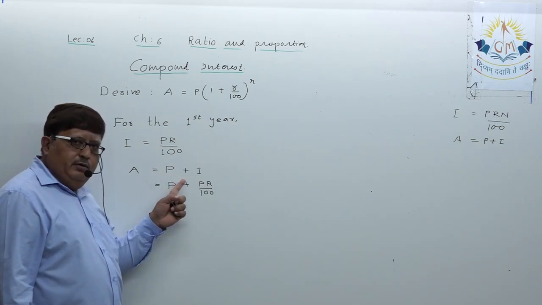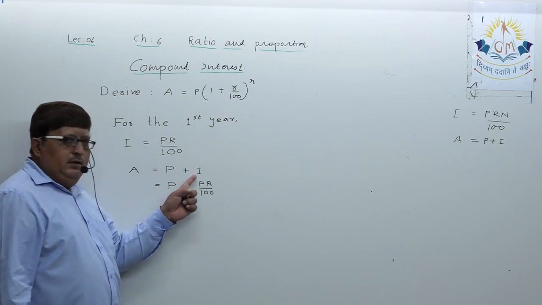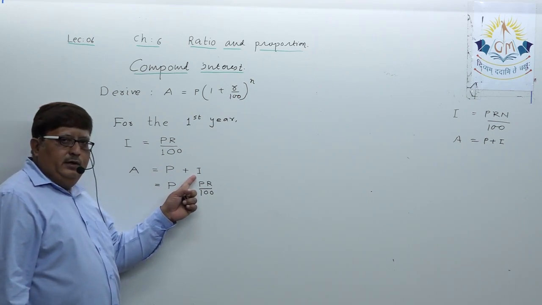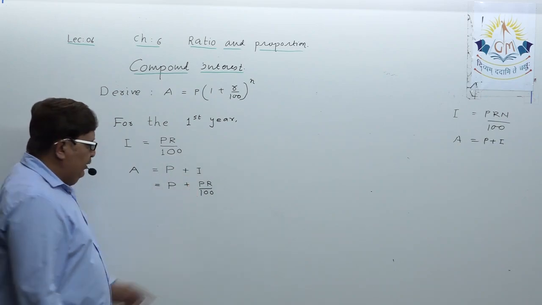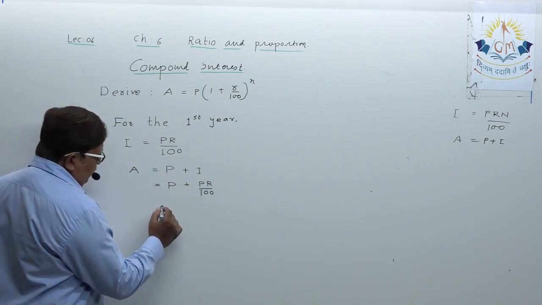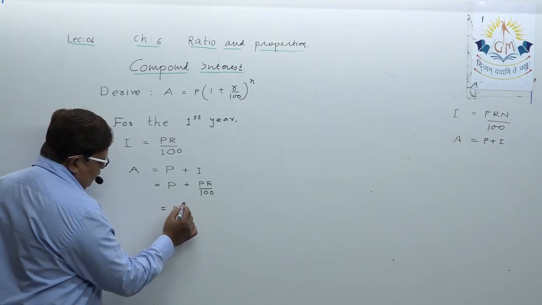A equals P plus I, P as it is. Instead of I, we are replacing the interest, PR upon 100. Let us take out P as common.